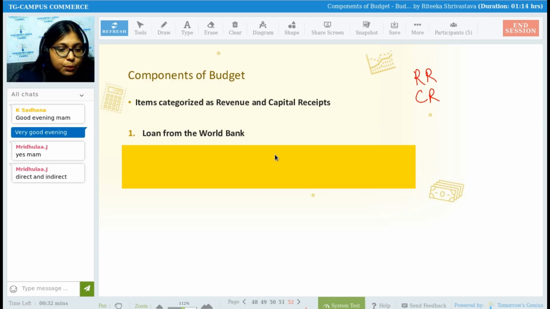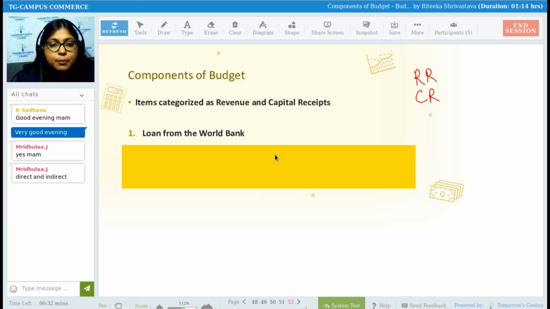Loan taken from the World Bank. Yes. Very good. What is a loan?